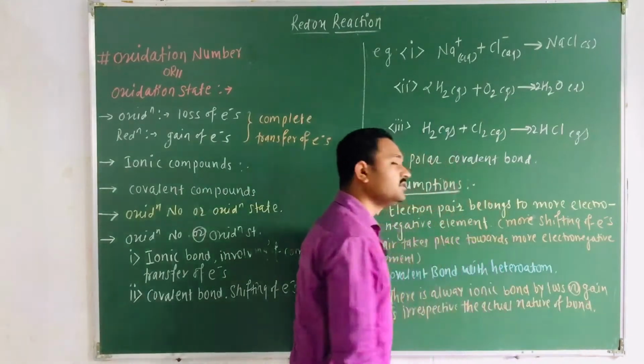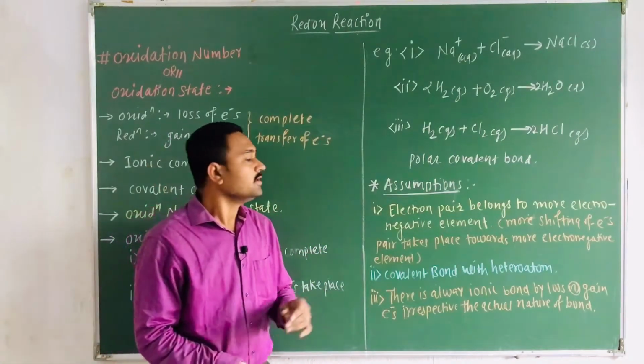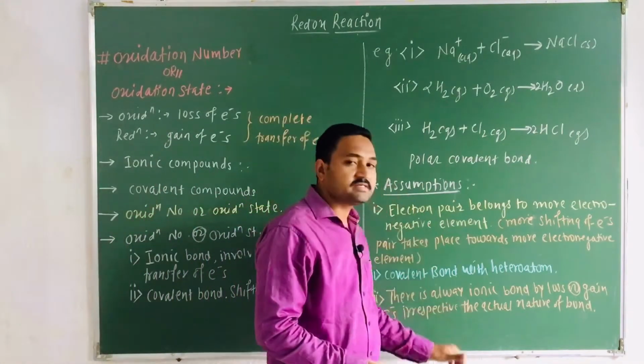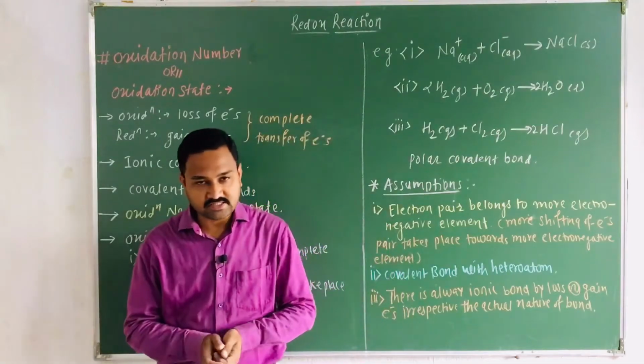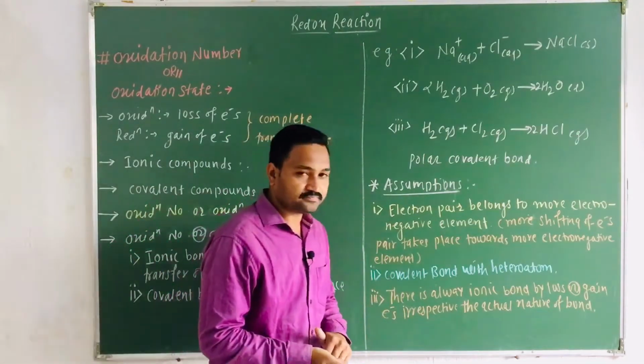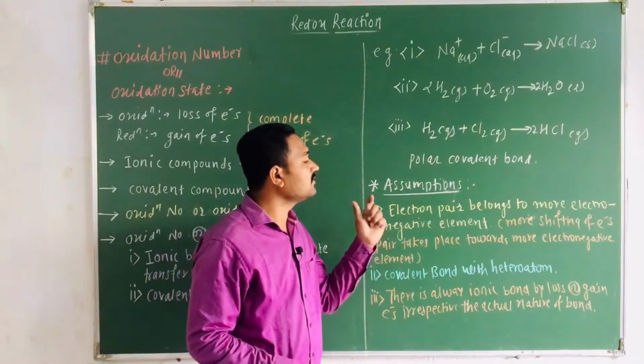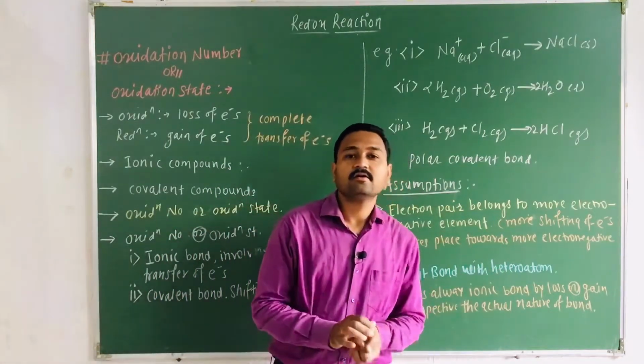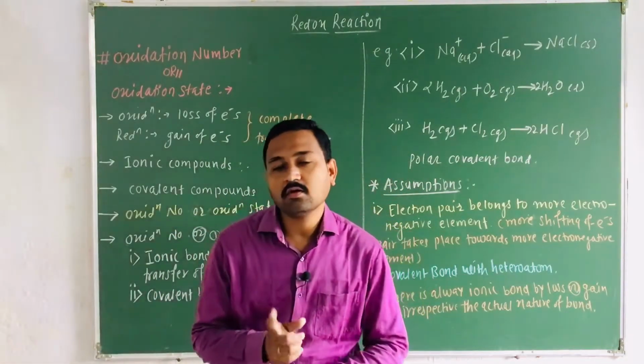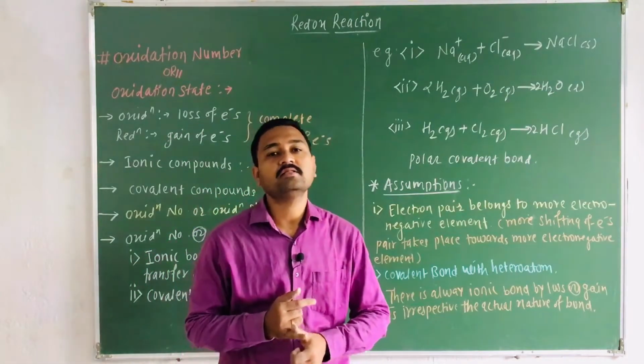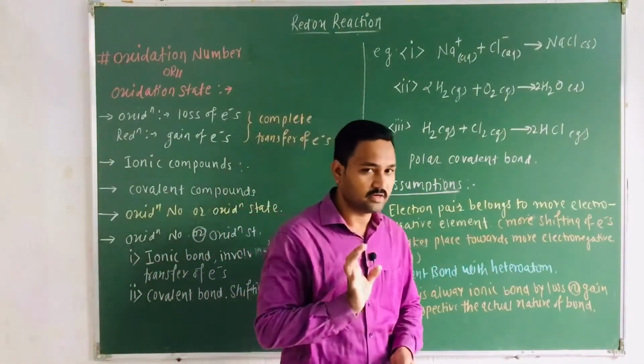So these are the three important assumptions to apply the oxidation number concept to your redox reaction. Again, listen, it is very simple. Generally we consider that the covalent bond involves a more electronegative element, and that the electron pair belongs to the more electronegative element.